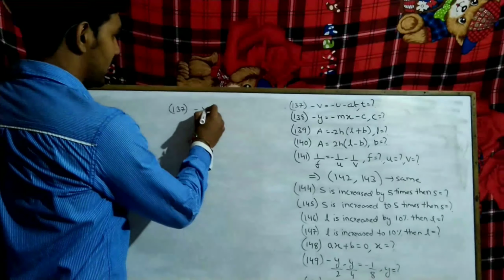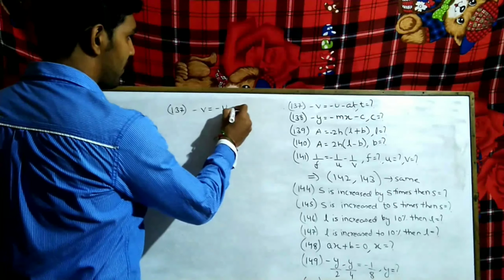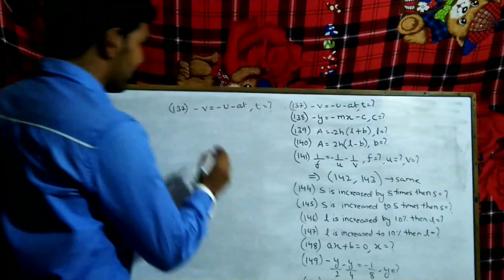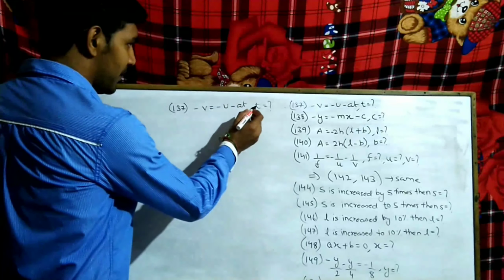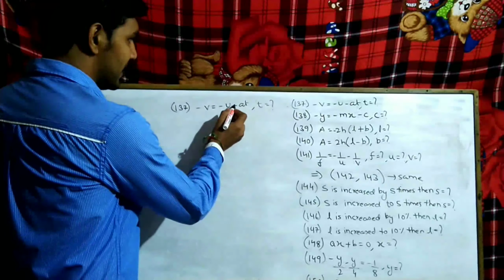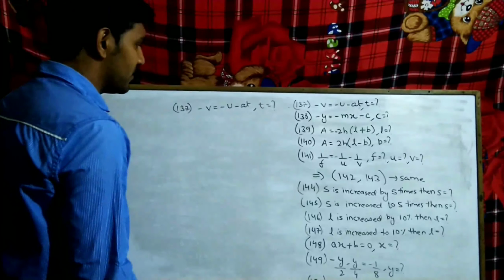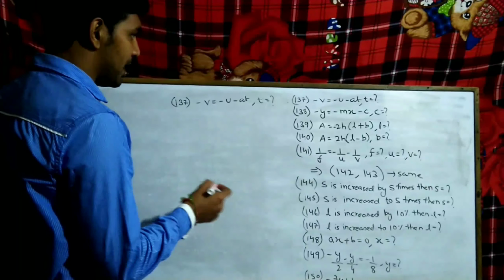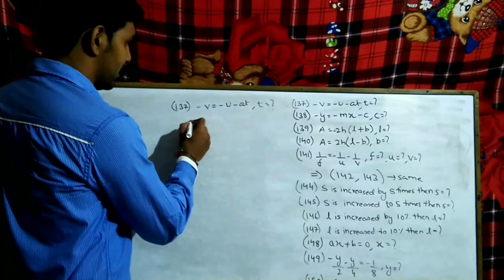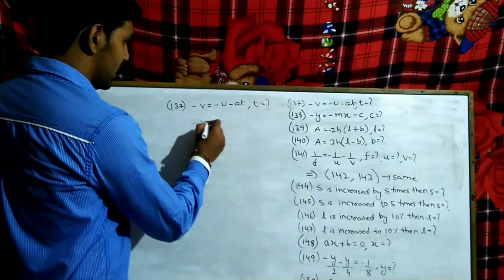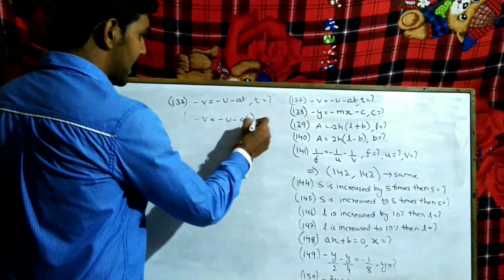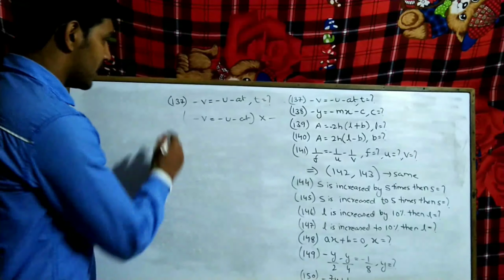Say minus v is equal to minus u minus at. We have to find the t value. So remember if we have to find the t value, but t also carries a minus sign, so do one thing, all are minus. I am multiplying with the minus sign only. This equation minus v is equal to minus u minus at. I am fully multiplying with the minus. Okay.